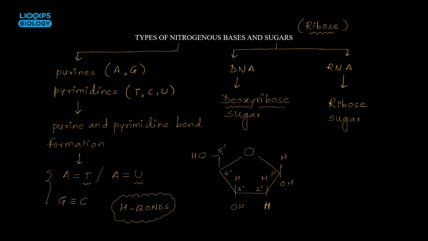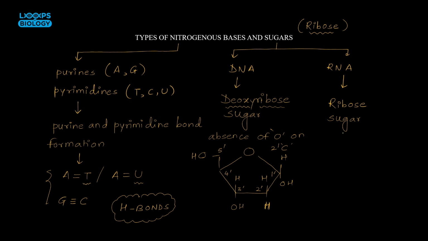So there are a total of 5 carbons, in which there is absence of one oxygen atom on the second prime carbon of the sugar. This dash on the number represents prime. Please do not pronounce it as dash. It is prime. So that is 1 prime, 2 prime, 3 prime, 4 prime and 5 prime.